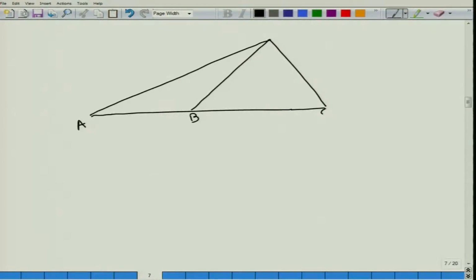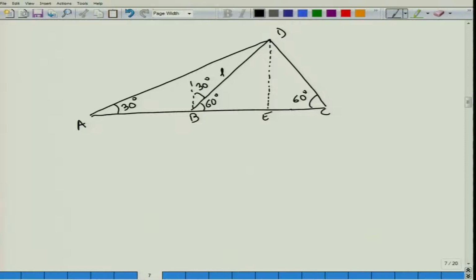A, B, C, D, this angle is 30 degrees, this angle is 60 degrees, this angle is 30 degrees, so this angle is 60 degrees.